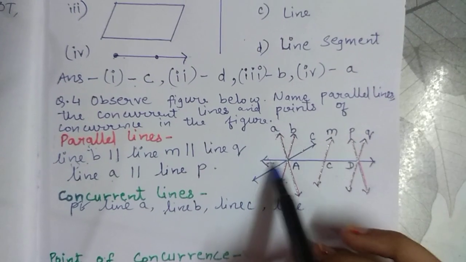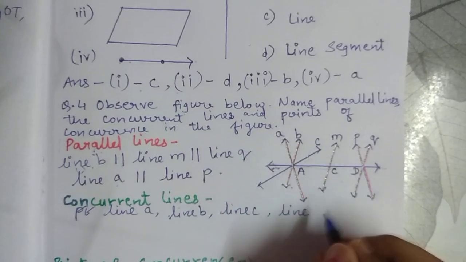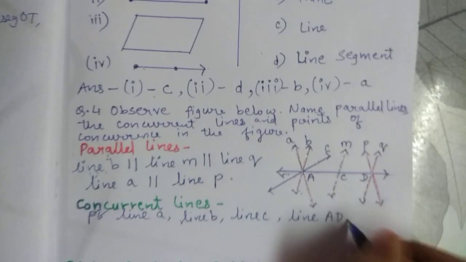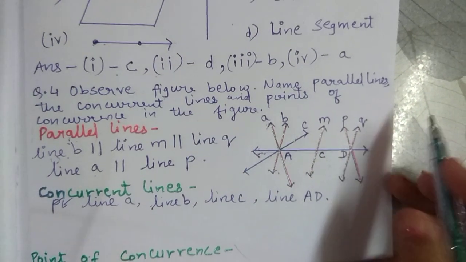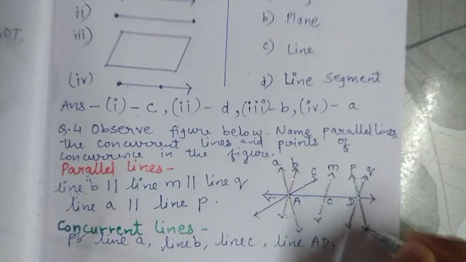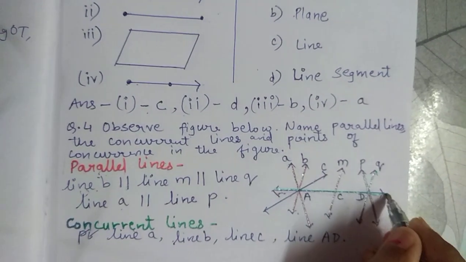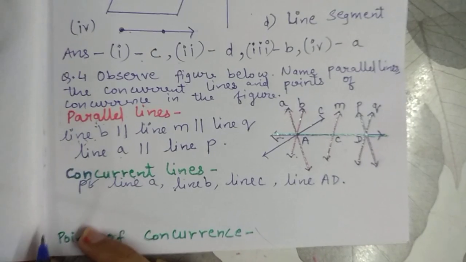Now to name this line, I can either name it as AC or AD. So I am writing here AD. Fine. But I can see one more set of concurrent line here. See, line Q, line P, and again line AD. 3 lines. Remember, 1, 2, and 3. So there is another set of concurrent lines.